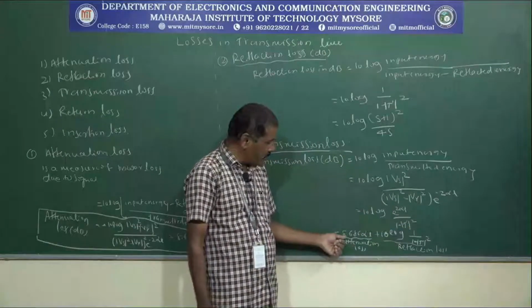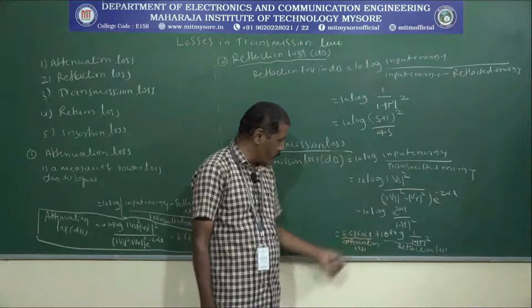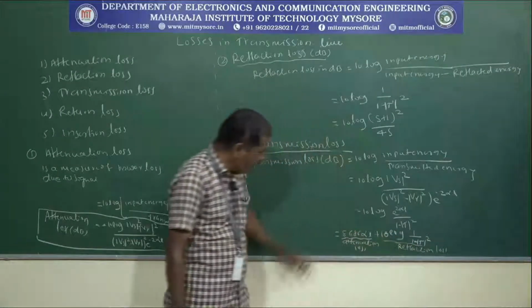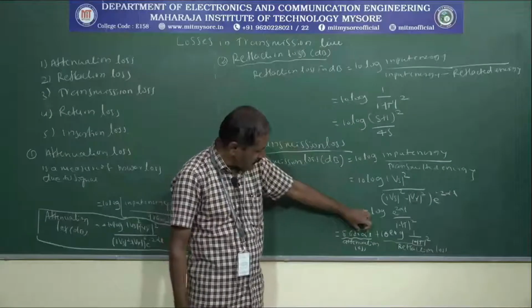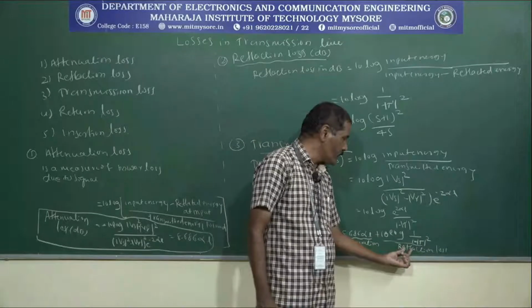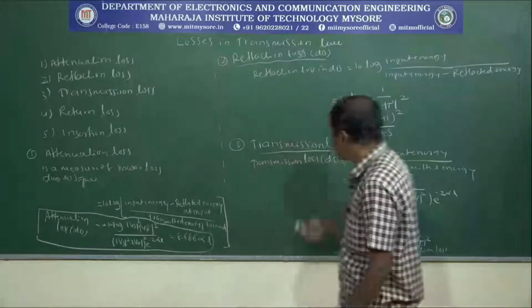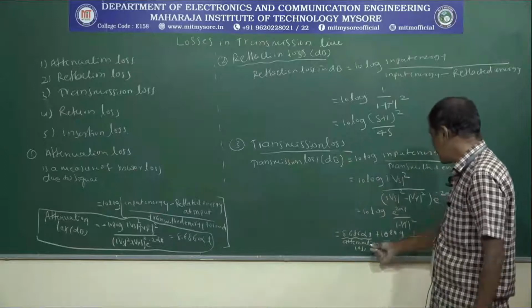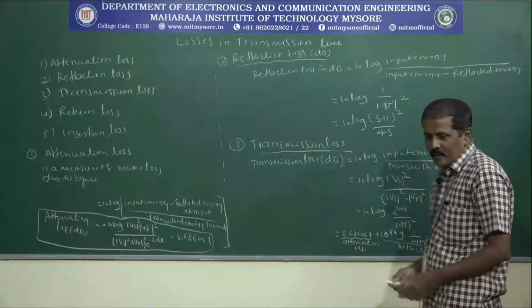You can write it as 8.686 αL plus 10 log of 1 divided by (1 − tau squared), where 8.686 αL is what you call the attenuation loss, and the second term you call the reflection loss. So that means the transmission loss is the sum of the attenuation loss and the reflection loss.